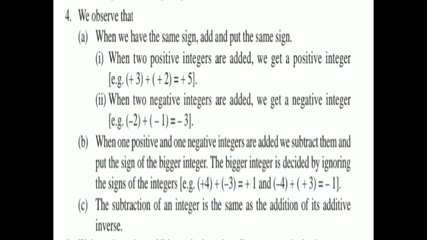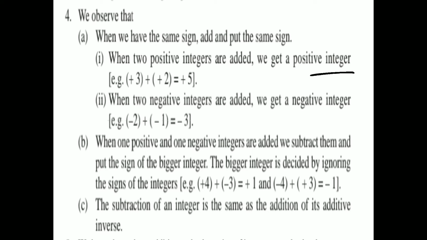When we have the same sign, we have to add and put the same sign. If there is a plus sign, you have to add. If there is a minus sign, you have to add only, not subtract, but the sign will be minus. When two positive integers are added, we get a positive integer. Plus 3 plus 2 will be plus 5.